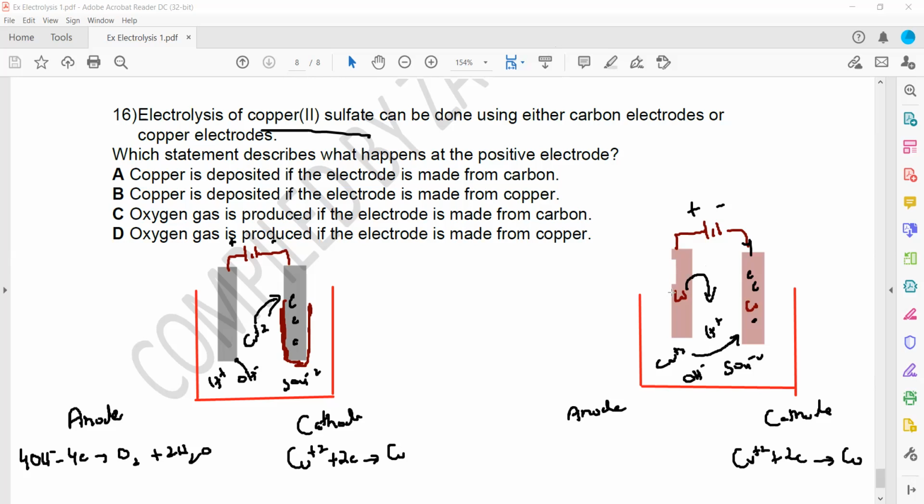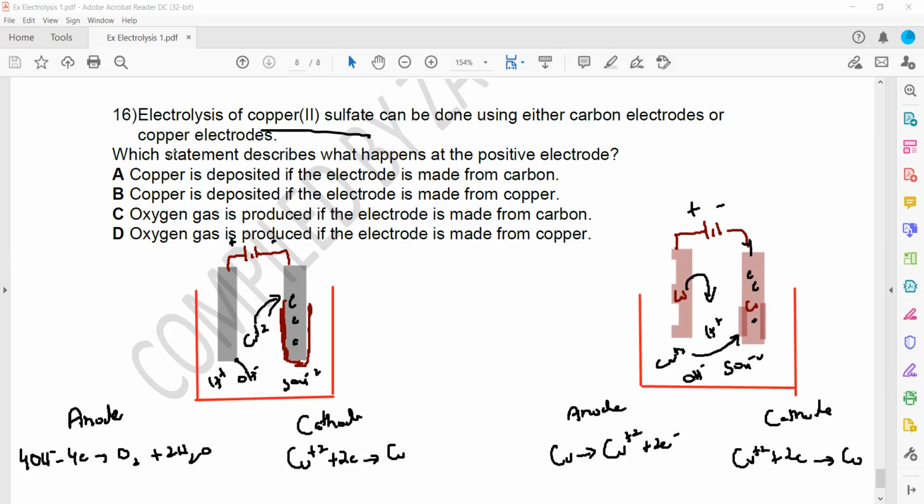The anode size will start to decrease and the cathode size will increase. And what is the equation for the anode? The copper atoms turn into copper ions by loss of electrons. That's when we are using a copper electrode, and this is when we are using a carbon electrode.